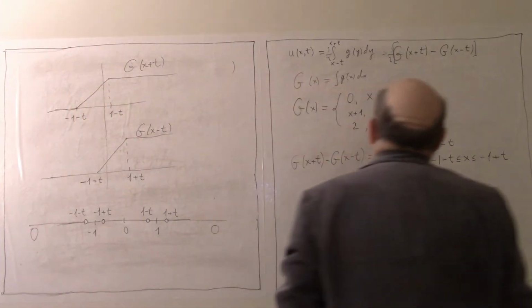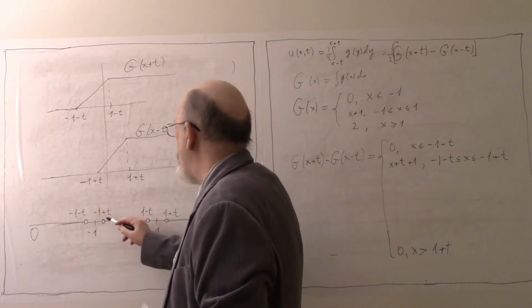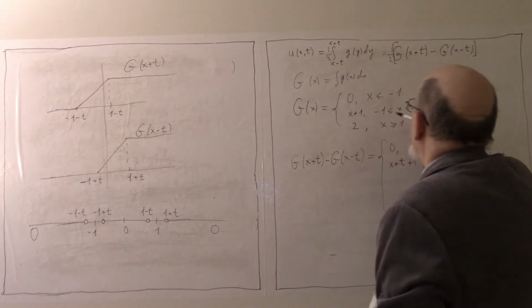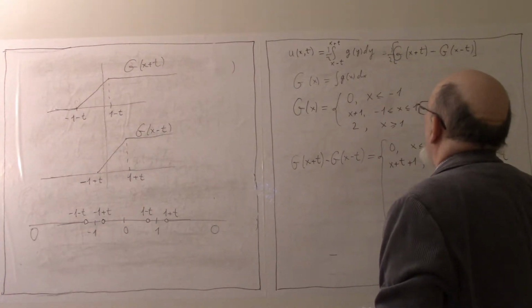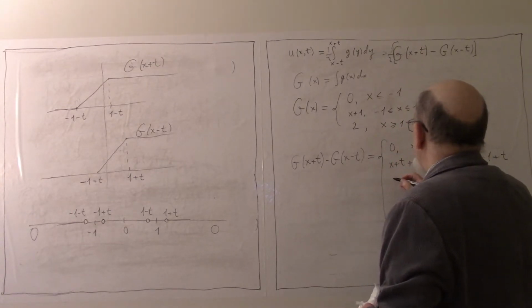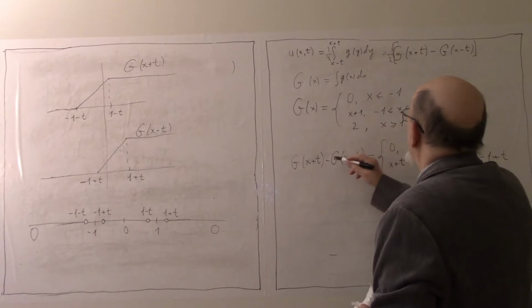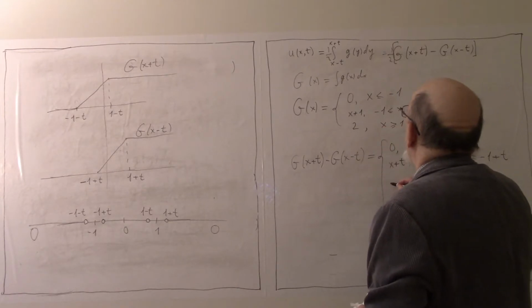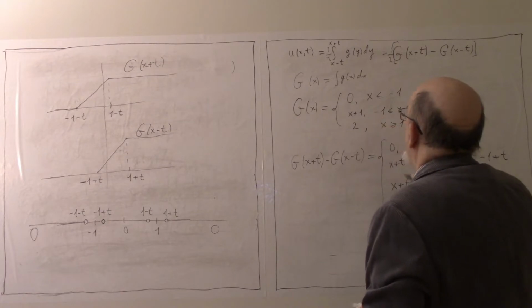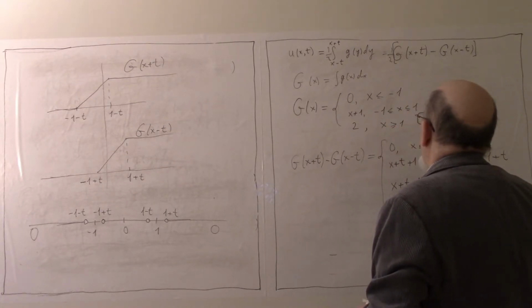Now, when we are between minus 1 plus t and 1 minus t, both these terms work equally, so we have to write here g of x plus t, it is x plus t plus 1, minus g of x minus t, minus x plus t minus 1.